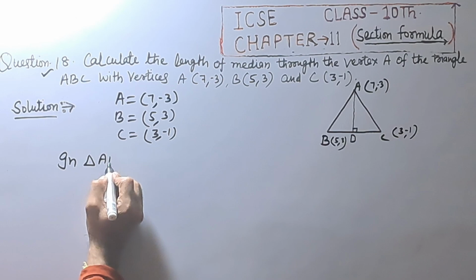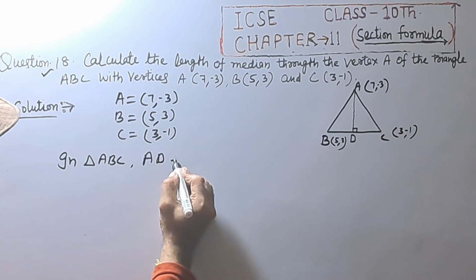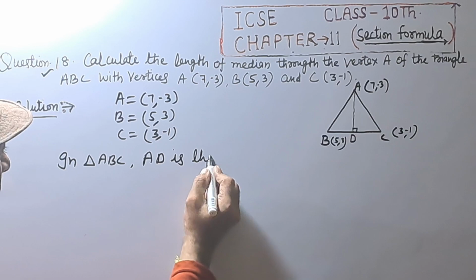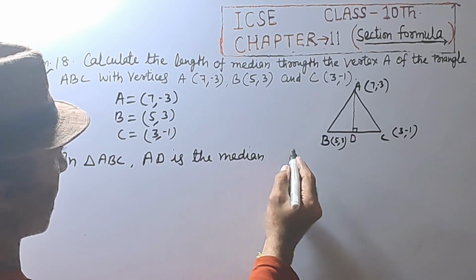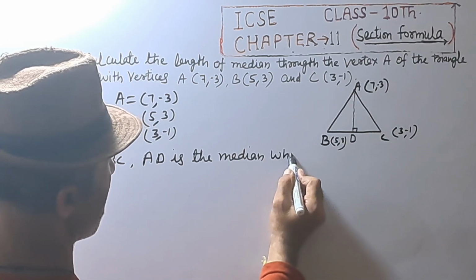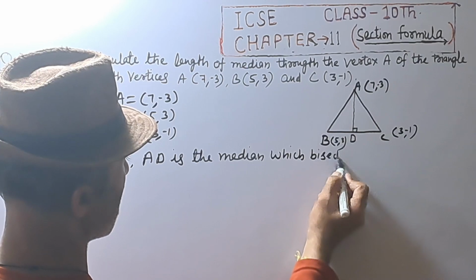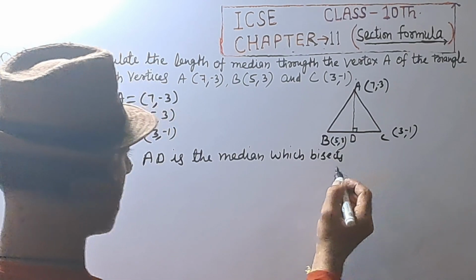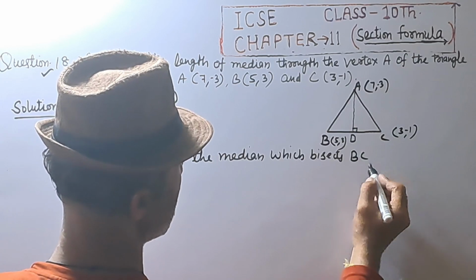In triangle ABC, AD is the median which bisects BC.